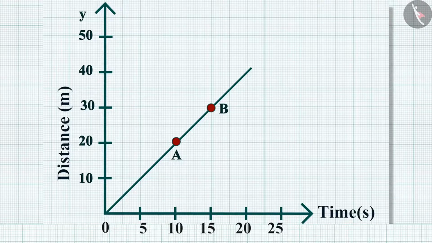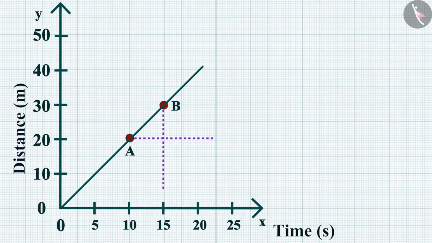Draw a line parallel to the x-axis from point A and another line parallel to the y-axis from point B. These two lines meet each other at point C to form a triangle ABC. Now, on the graph, AC denotes the time interval while BC corresponds to the distance.